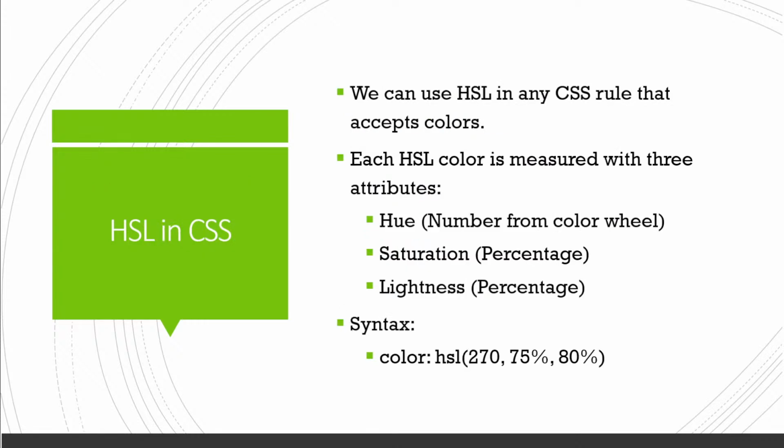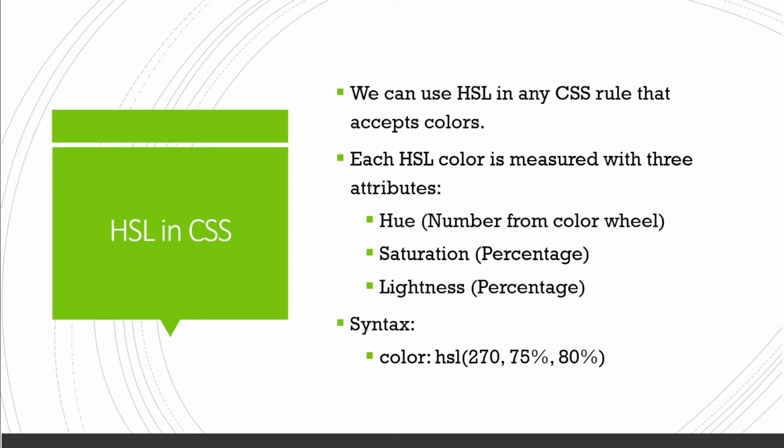And that's what we'll use for our final demo here in just a few moments. HSL stands for hue, saturation, and lightness. And you see the last thing here is the syntax for hue, saturation and lightness in CSS.